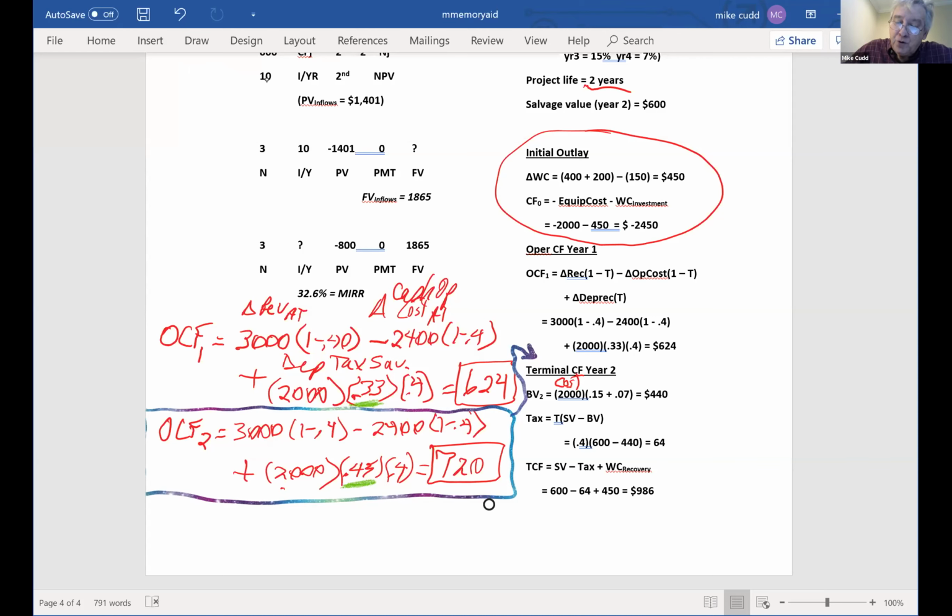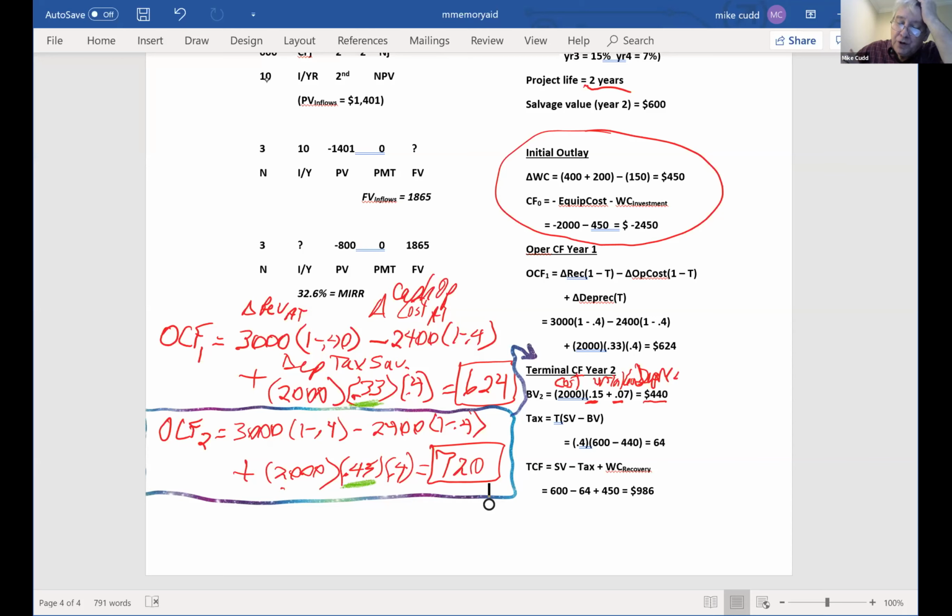And after 2 years, we have untaken depreciation. We've not taken the year 3 depreciation, which is given as 15%, or the year 4 depreciation, which is given as 7%. So the book value would be $440.